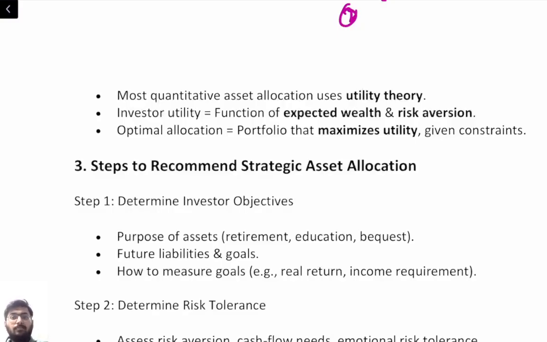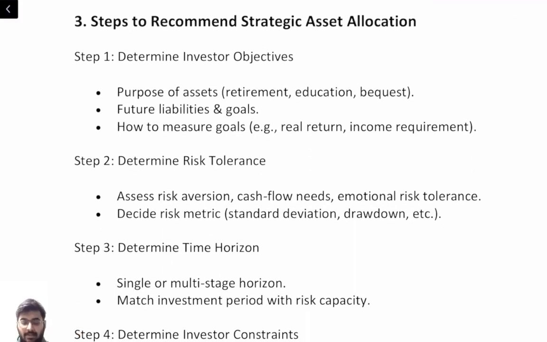Okay. Now, steps to select and justify the strategic asset allocation. So we have moved from the allocation to the steps that, yes sir, if I follow these steps, the asset allocation will be considered to be strategic. So first, what I have to do is determine the investor's objective. Again, it means we are coming towards the IPS. Clear?